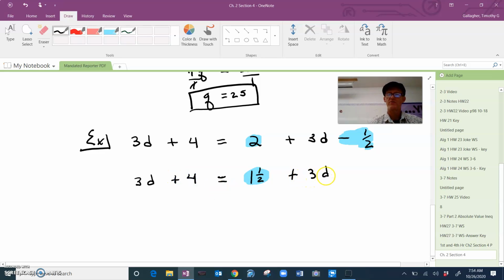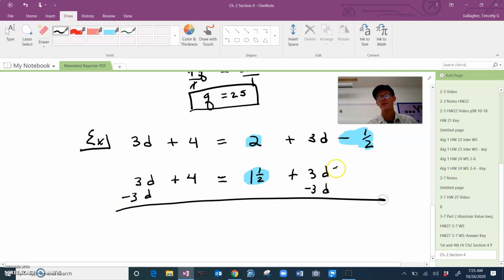Now we have to combine the 3d and the 3d, and the big idea is using the opposite terms. I subtract this 3d here and subtract the 3d here, and they cancel on this side and on this side, which is a special case. The equation now has 4 on the left and 1.5 on the right, and 4 does not equal 1.5, at least on Earth.